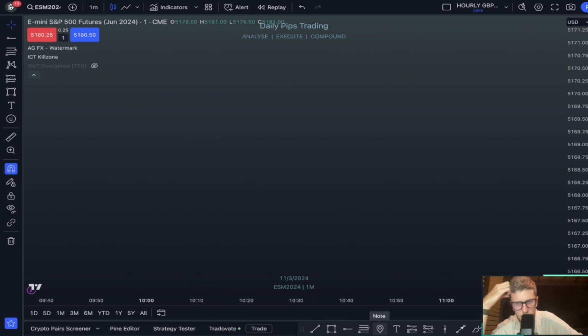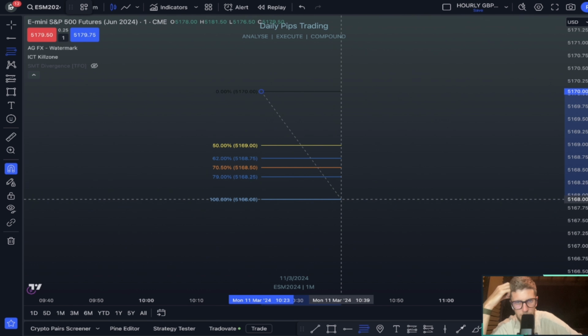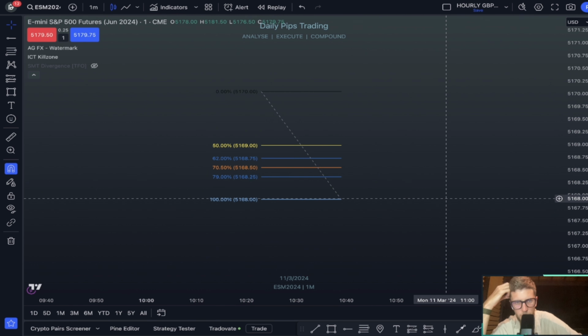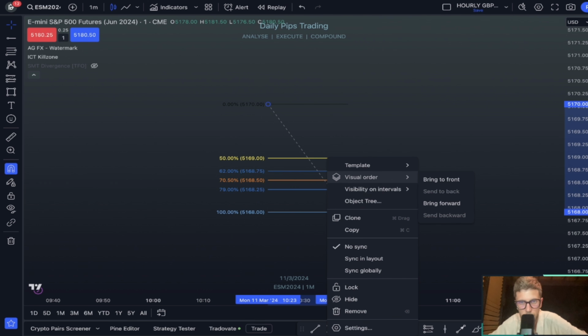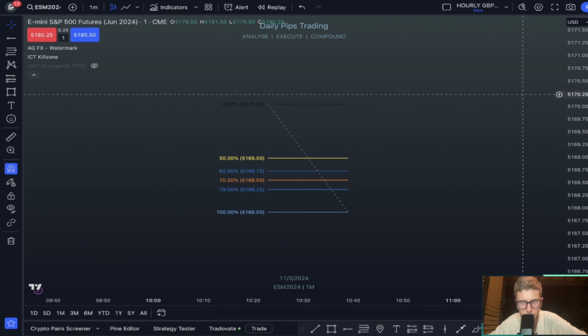Everything else is very self-explanatory in terms of notes, buy and sell positions, vertical line, arrows, brushes, but fibs is something that I see Twitter community and even my own Discord community asking a lot about. Domas asked about it today even, so there's a few fib setups that I use.